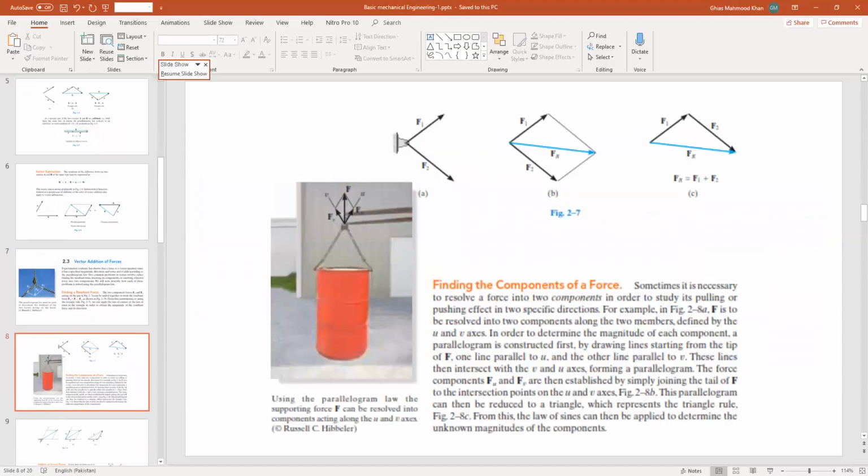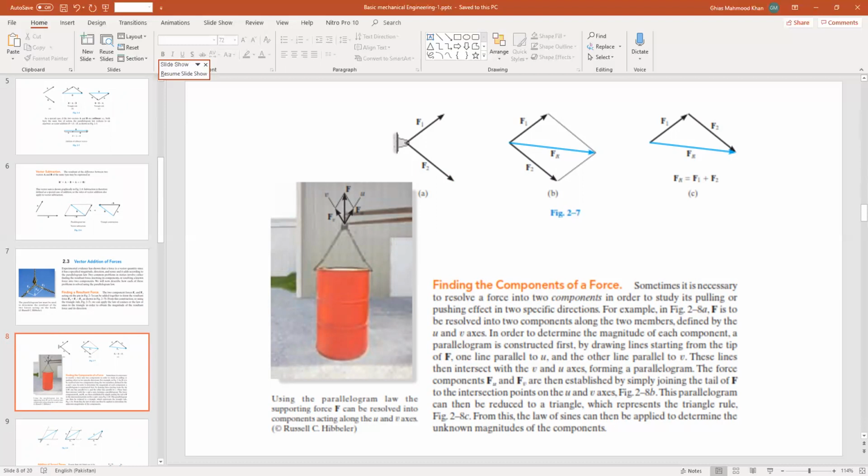For the addition of vectors, we have to follow the parallelogram law and the head and tail rule. The head and tail rule says that the head of the first will join with the tail of the second, and the head of the second will join with the tail of the third.